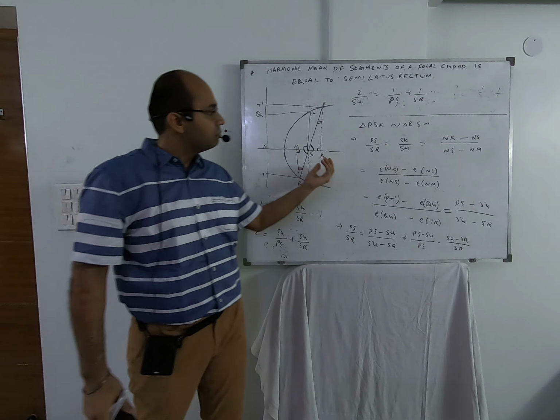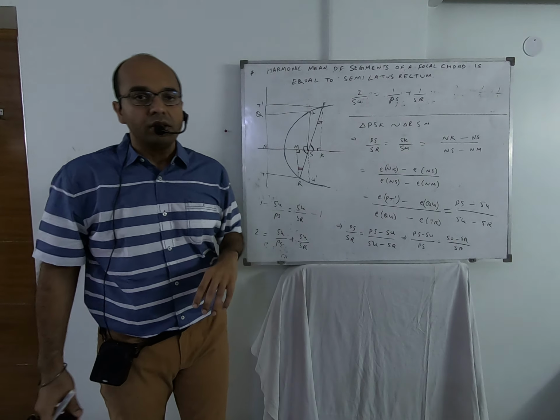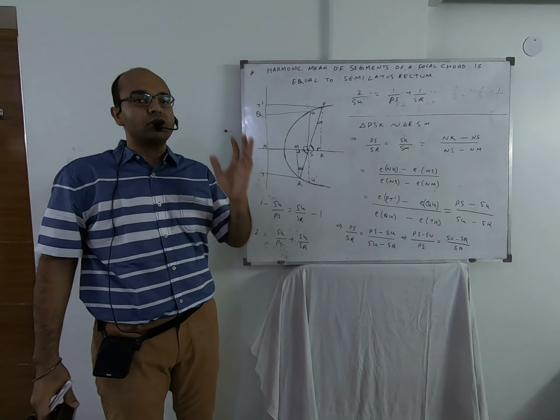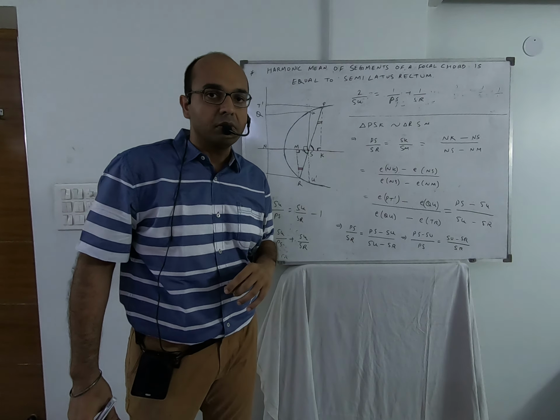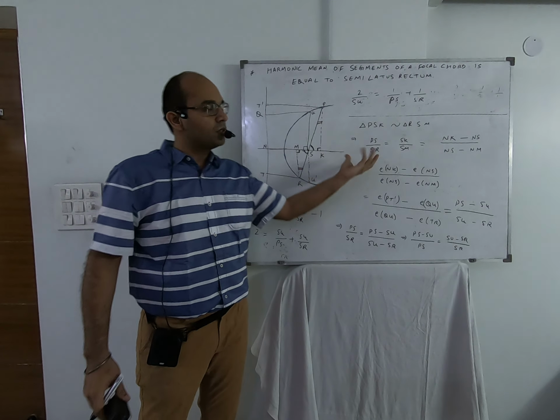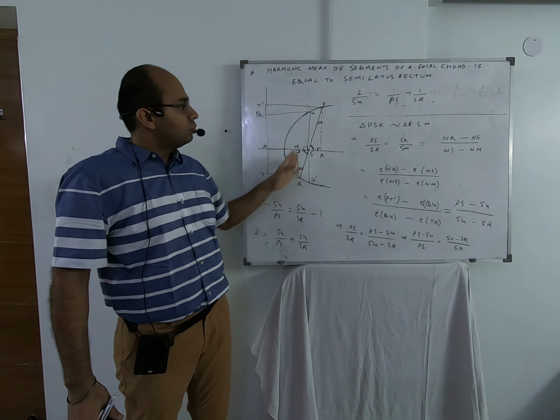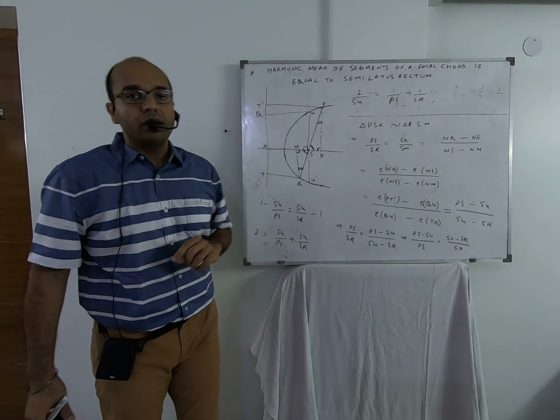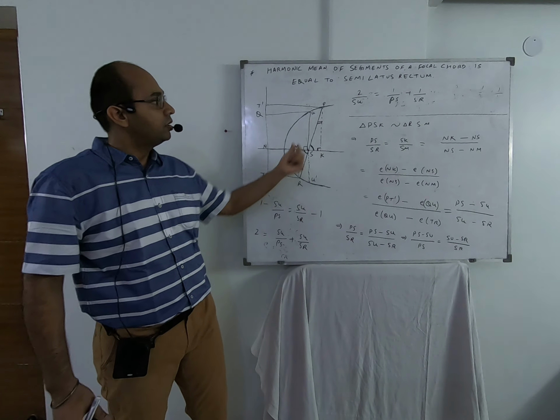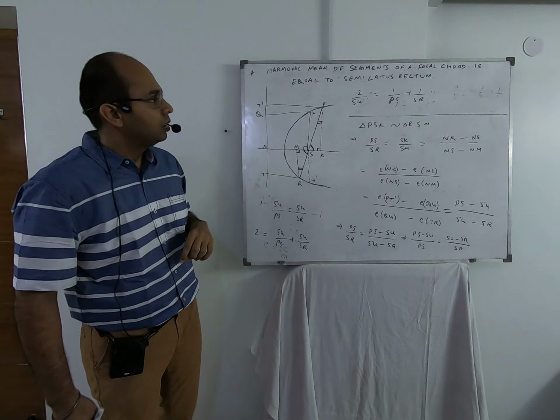Now remember, this is a beautiful proof using simple geometry. It does not use any property specific to parabola or ellipse or hyperbola. It is a property of a general conic. It is true for all three conics, parabola, ellipse and hyperbola, and it is an important property.